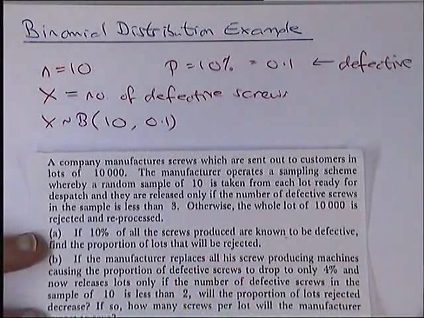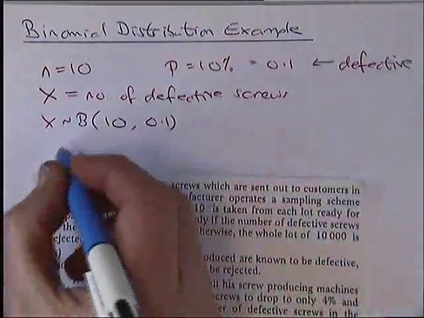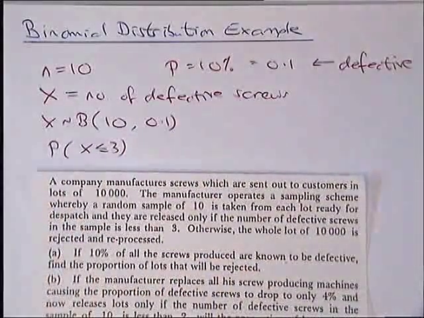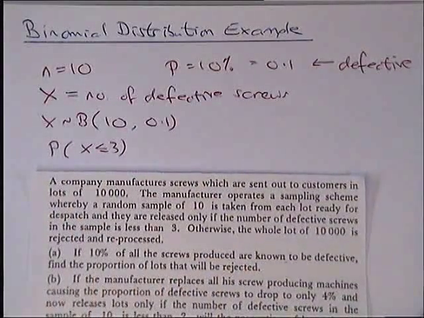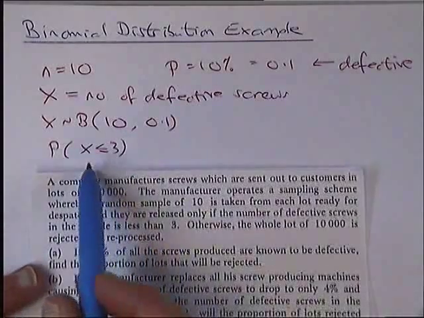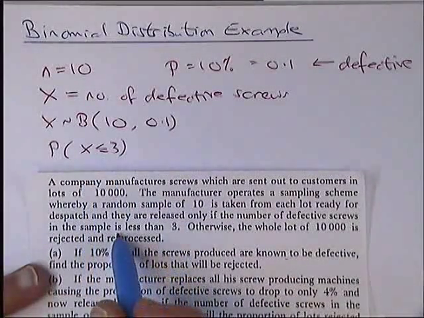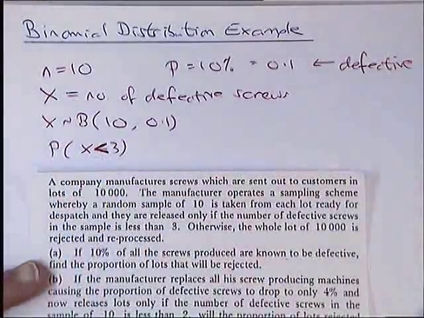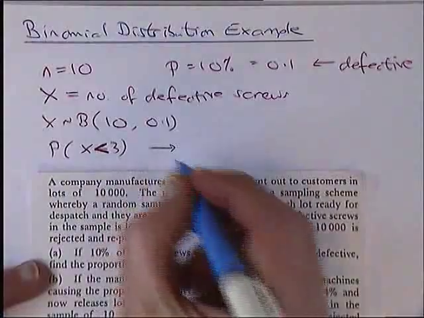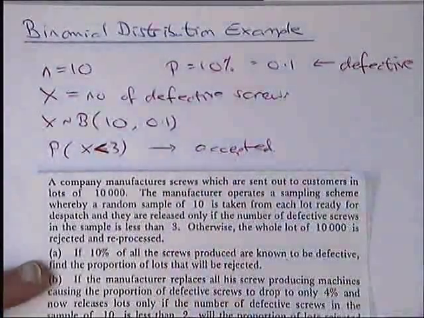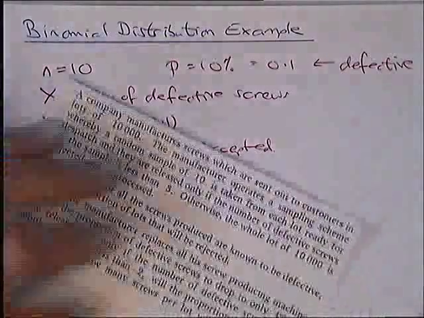So if we work out first of all the probability of having less than 3 defective, that will give us the proportion that will be accepted by the company, and then we can work out the proportion that will be rejected. So first of all then, the probability X is less than 3. Sorry, I shouldn't have had an extra bar there, it's strictly less than 3, not less than or equal to. Less than 3 will give us the probability that it is accepted. So we'll do this probability first, and then we'll look at the rejected bit later on.